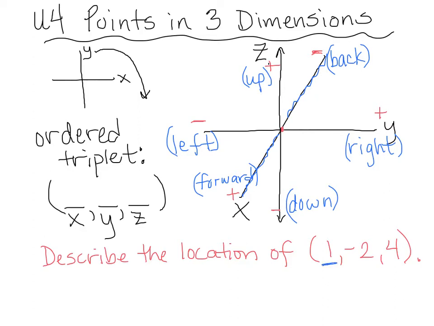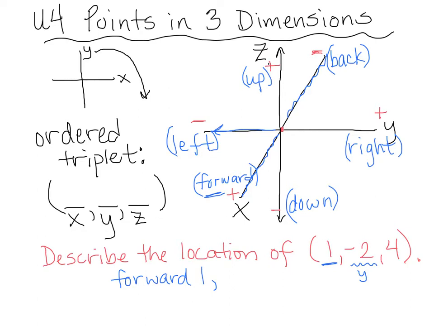The 1 is our x-coordinate, right? And it is positive. And so for the x's that are positive, remember that meant forward. We would move forward from the origin 1 spot. So we would write forward 1, and then our next is our y, okay? And a negative on the y-axis, remember that meant, if we look in our picture, that meant going to the left.